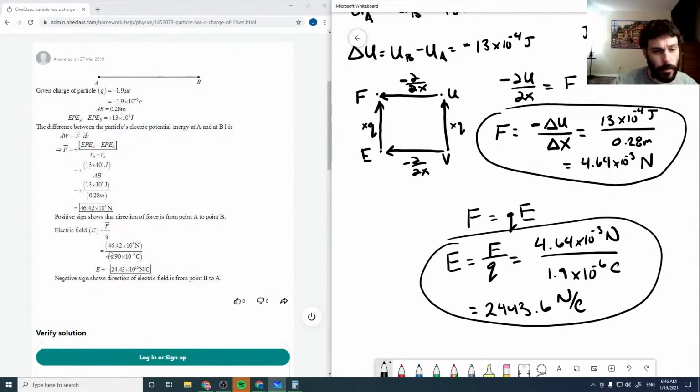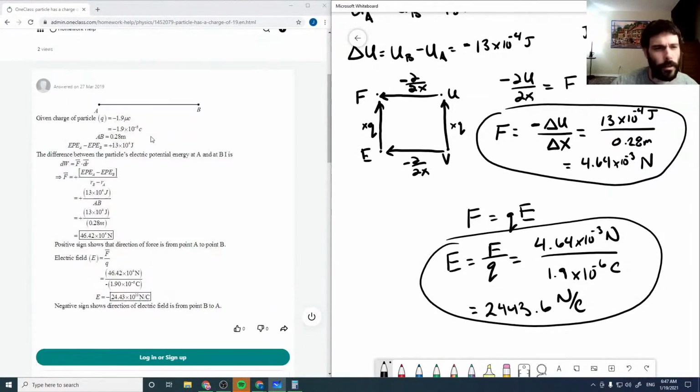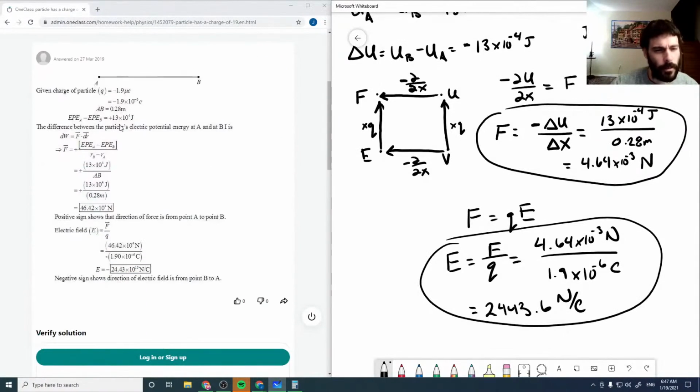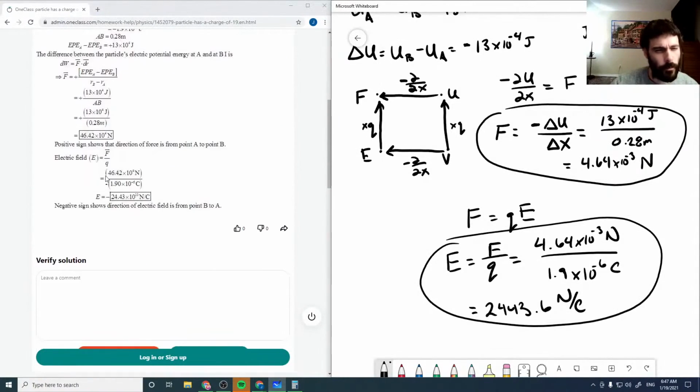And then the force is coming out to be massive. Why is that? 10 to the 4. It should be 10 to the minus 4, I see. Okay. So there's just a few sign errors throughout here.